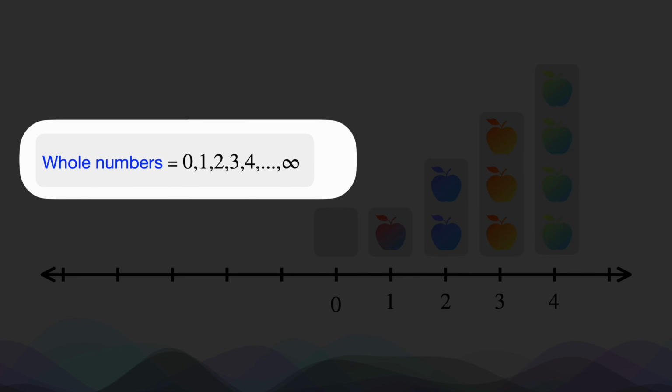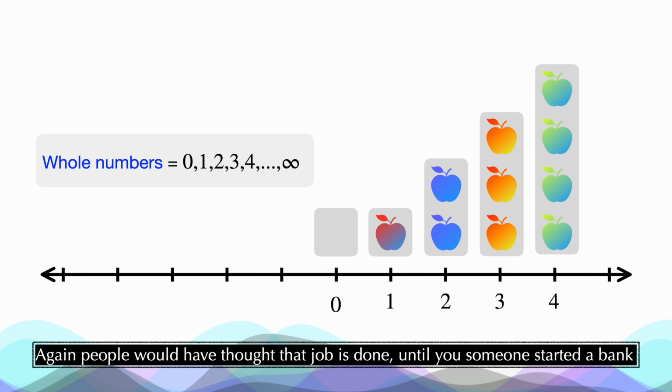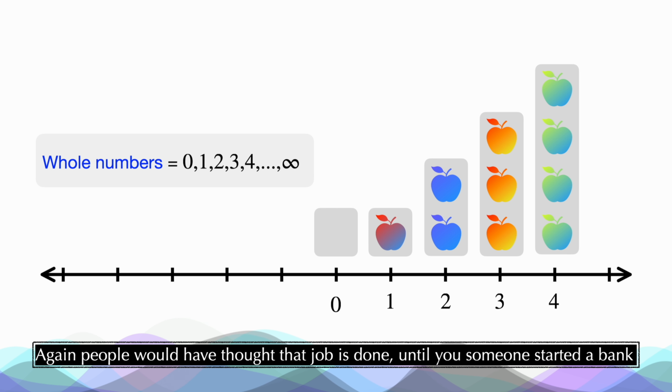Moving further, again people would have thought that okay, we have now figured out all kinds of numbers required to represent all kinds of scenarios in life, until someone started a bank, or there was a money lender who wanted to give money for an interest and make money out of it. But then how would he have represented his dealings, right?